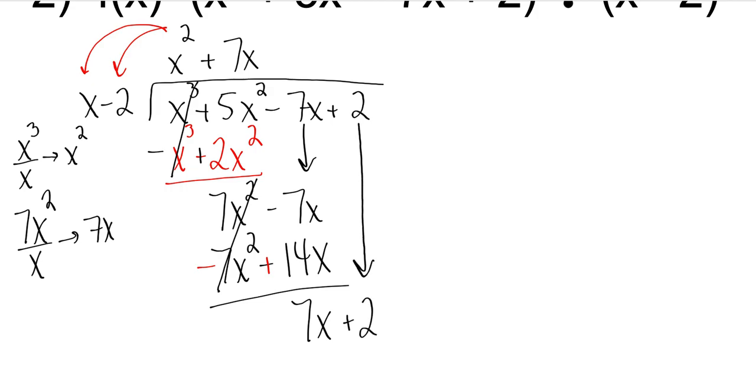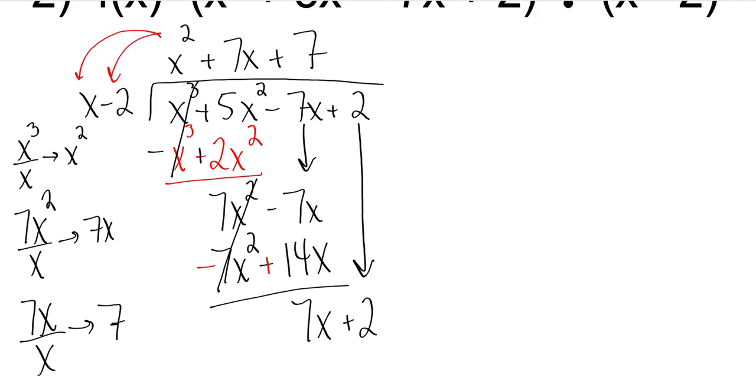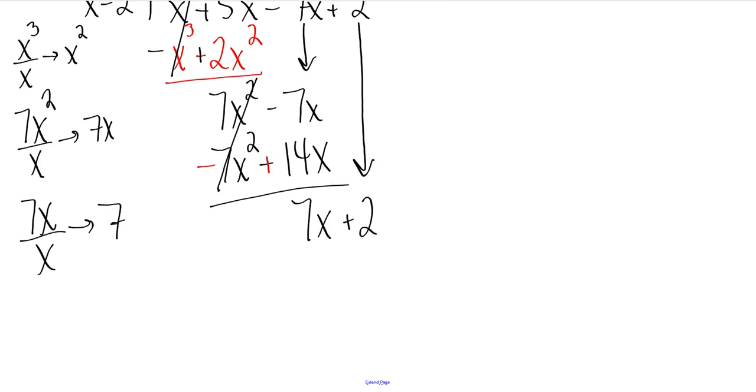So you kind of see this process is the same all the way down. If we understand the first round of it, we should be able to do the rest of it. So we're back looking here. 7x divided by x. We're trying to figure out what number goes up top. It's just a 7. So put our 7 up top. Take it through here, distribute it. And we've got 7x minus 14 down here.